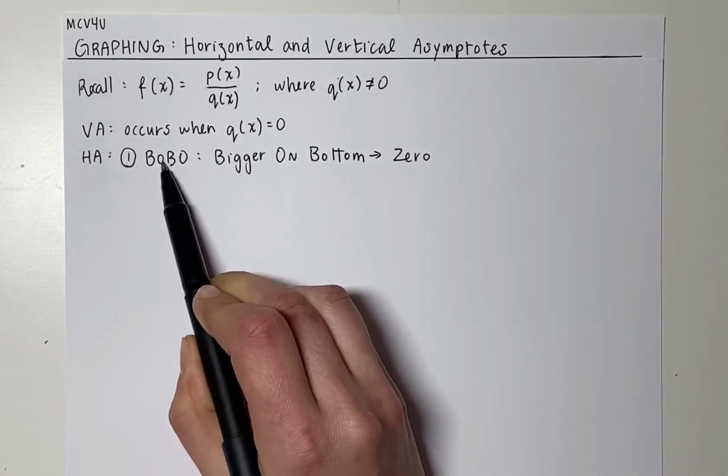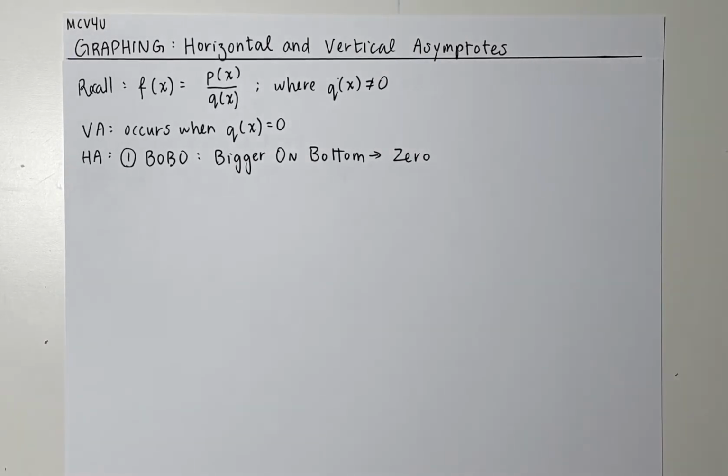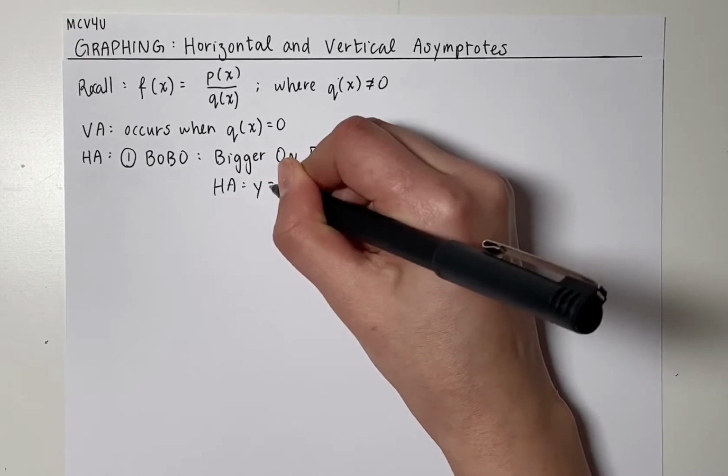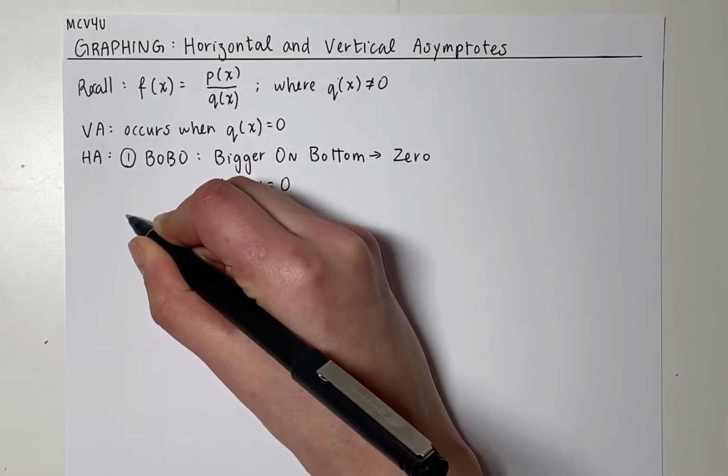So BOBO: bigger on bottom, and then just the number 0. So that means when the exponent in the numerator is less than the exponent in the denominator, so the exponent on the denominator on the bottom is bigger, then our horizontal asymptote is y equals 0.